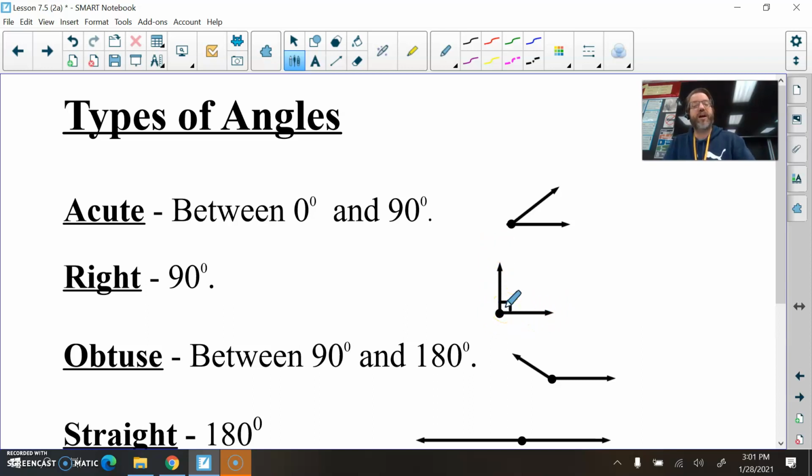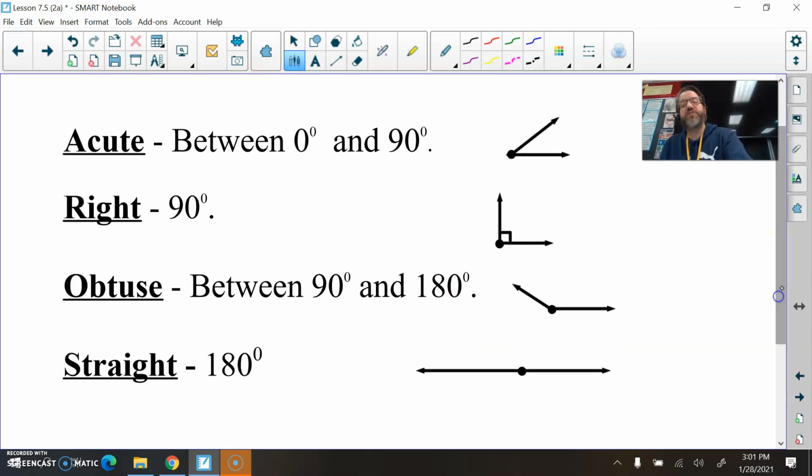Then we have what's called an obtuse angle. Those are the larger ones. Like this here is a very large angle. It's more than 90 degrees. If it's between 90 and 180 degrees, it's called obtuse. And then we have one more that's called a straight angle. It's 180 degrees. This is a straight angle. You might think, isn't that just a line?